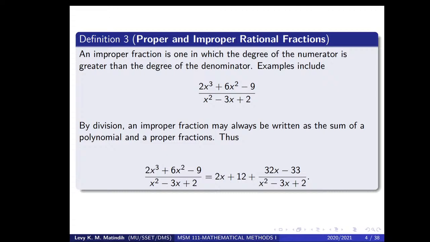This takes us back to the remainder theorem and the factor theorem. So this improper rational function, we can divide it, and at the end of the day we are going to produce this expression with 2x plus 12 being the quotient and the remainder being 32x minus 33. So every improper rational function, you can write in this form.